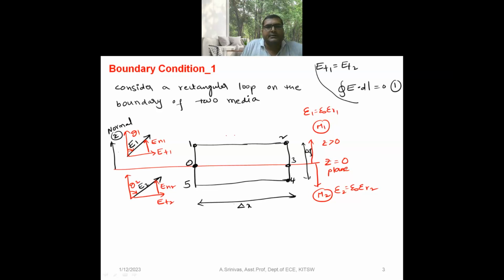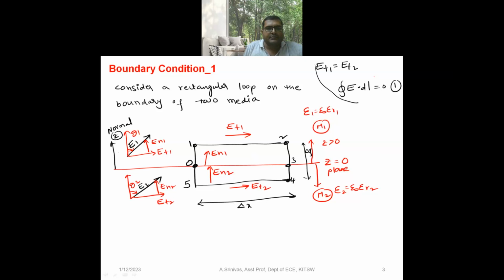Here ET1 is the tangential component in medium 1, and ET2 is the tangential component in medium 2. EN1 is the normal component in medium 1, and EN2 is the normal component in medium 2.